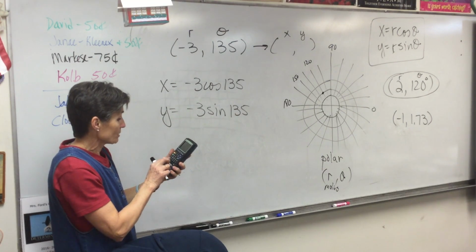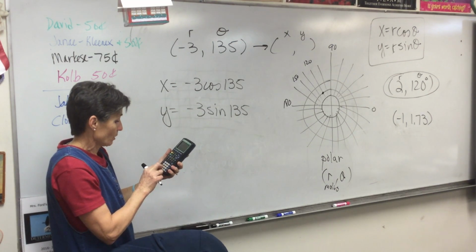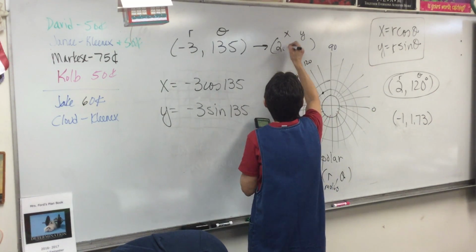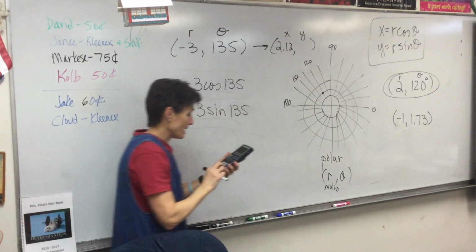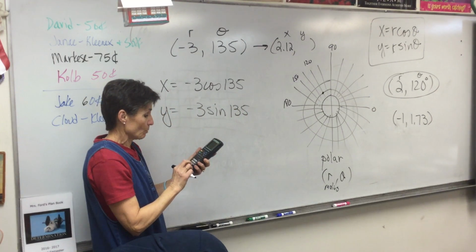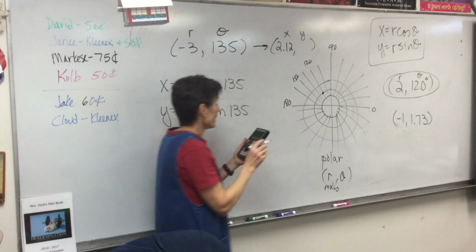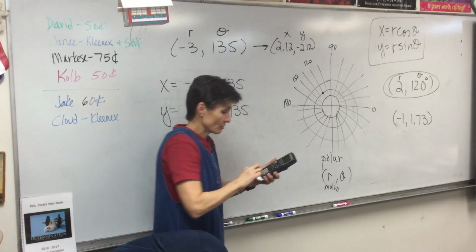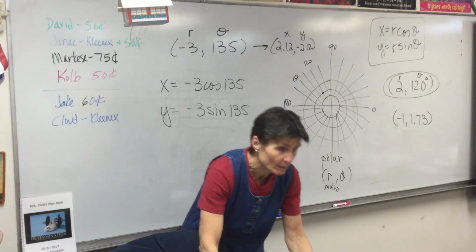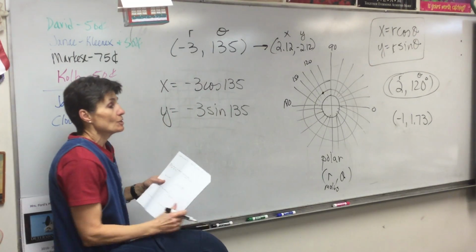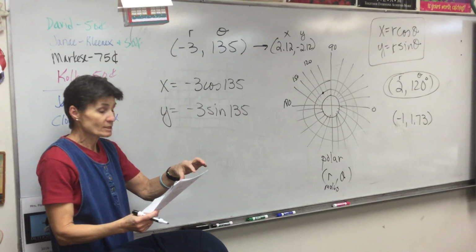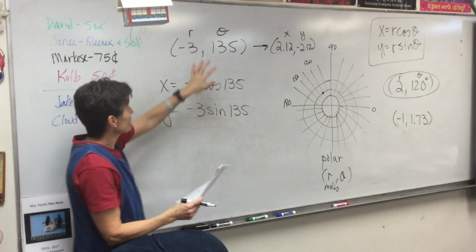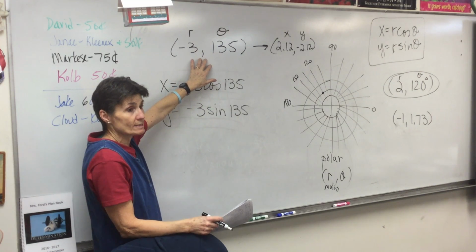So -3 cosine 135, 2.12, -3 sine 135, -2.12. And there's the answer to the question. That's all there is to it. Your job in this first section, we're starting with polar coordinates.